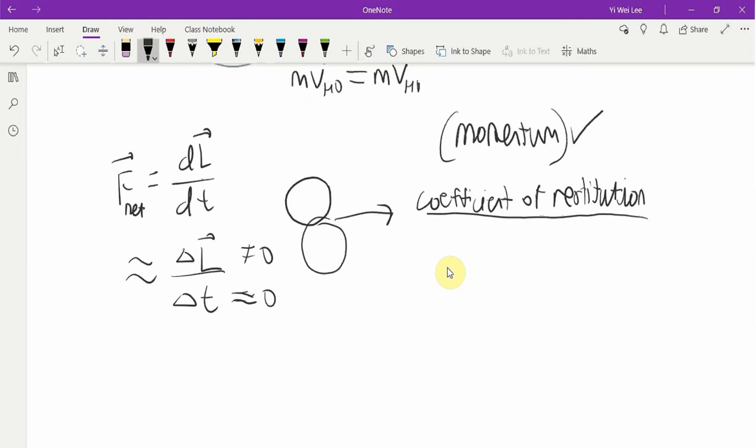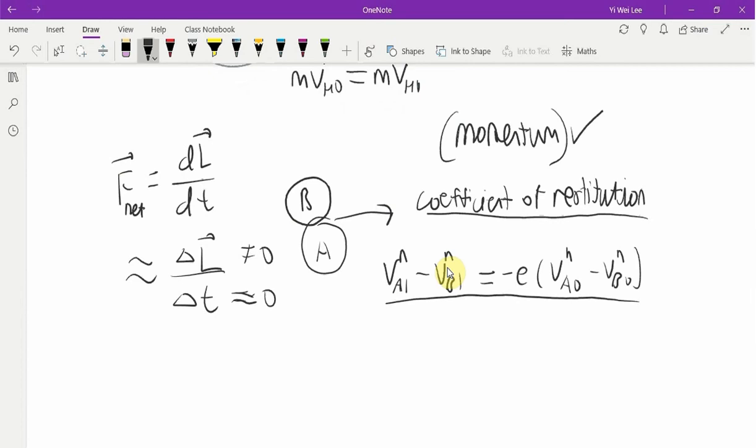The equation states that, for particle A and particle B, the final velocities satisfy V_A,n1 minus V_B,n1 equals negative e times V_A,n0 minus V_B,n0. Okay, so now this looks very intimidating.